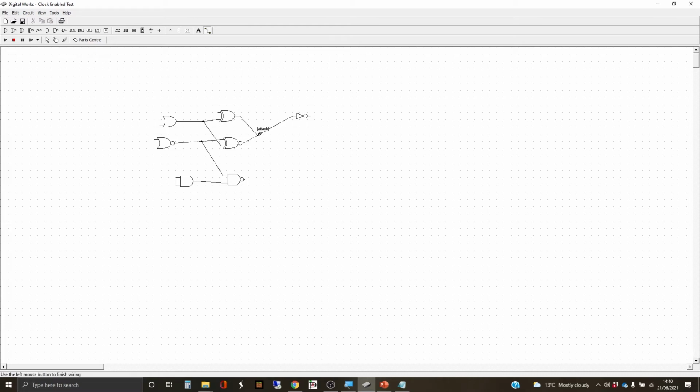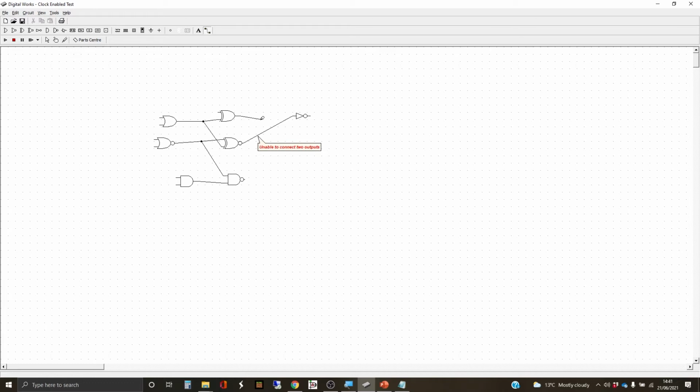And if I try to do that, it would give me the same message, unable to connect two outputs. The reason for this is that a gate doesn't have any control over what's coming in at the inputs. It can't affect its own inputs. It's other bits of the circuit that are affecting the inputs. But it does have control over what the output is.